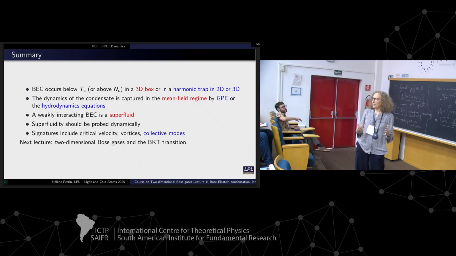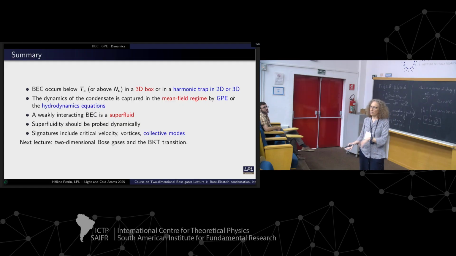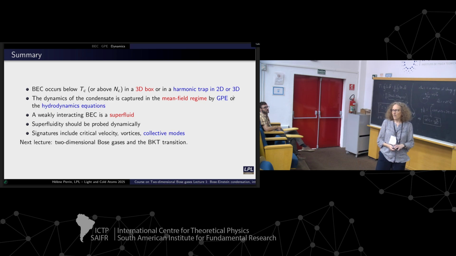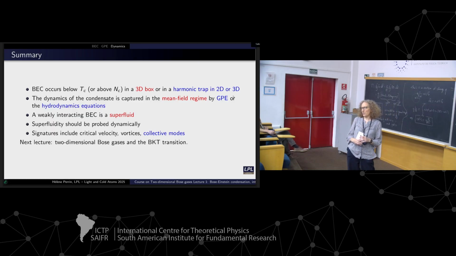We have shown that the time-dependent Gross-Pitaevskii equation is equivalent to hydrodynamic equations with a continuity equation and an Euler-like equation. We have also shown that a weakly interacting Bose gas is superfluid, with the existence of a critical velocity for the excitation given by the Landau criterion, and that it presents specific superfluid excitations in the form of vortices and eigenmodes for a trapped BEC.